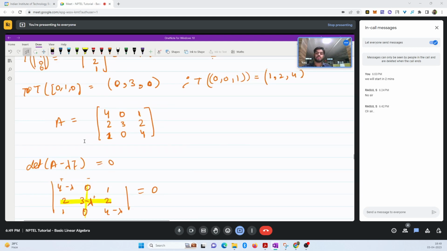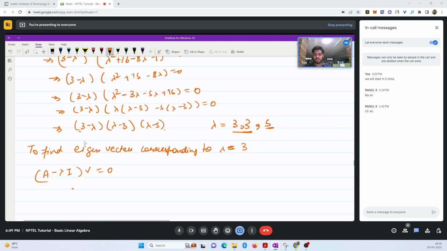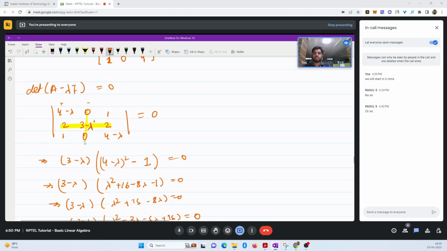Okay, so your A matrix is this. So A minus 3I would give something like, let me copy this matrix first.